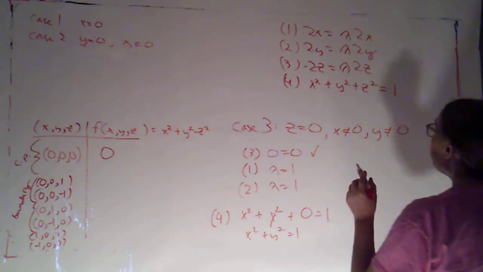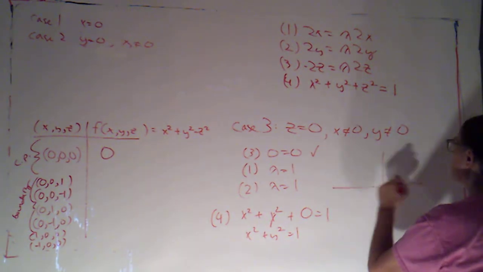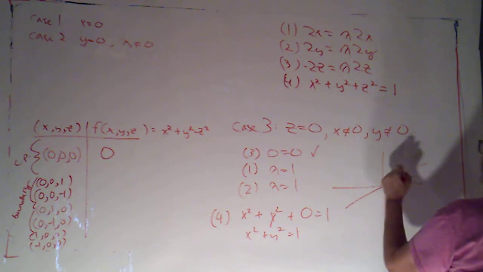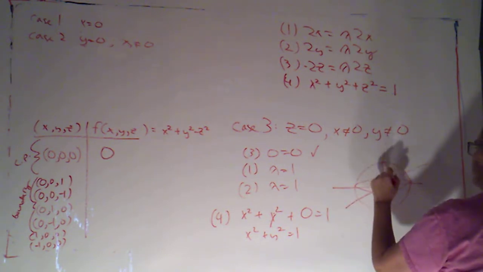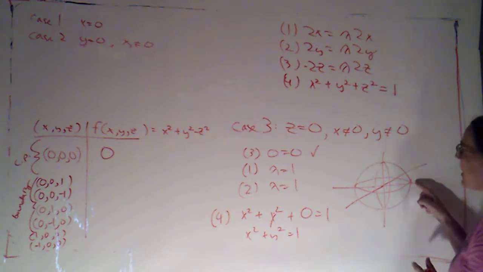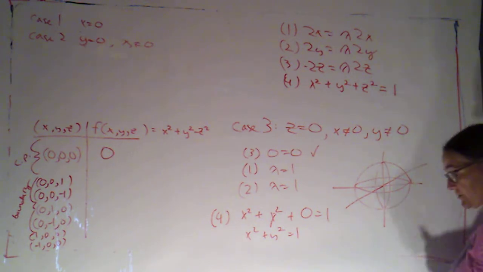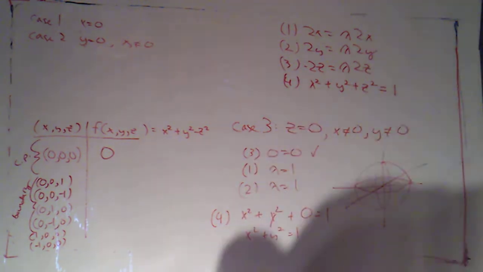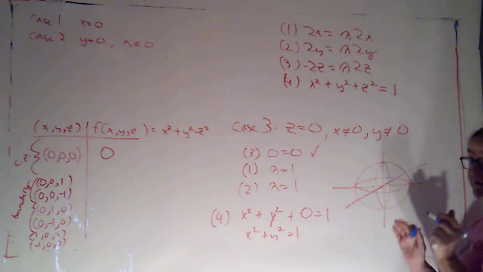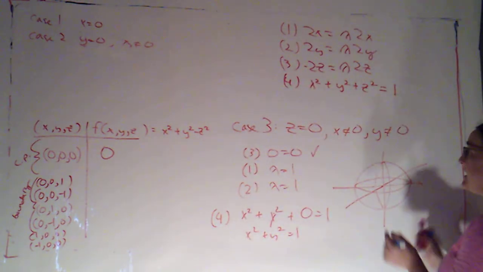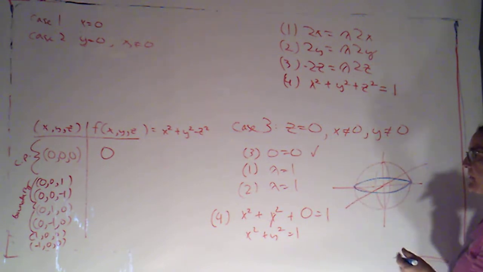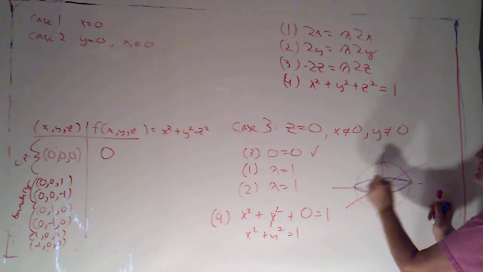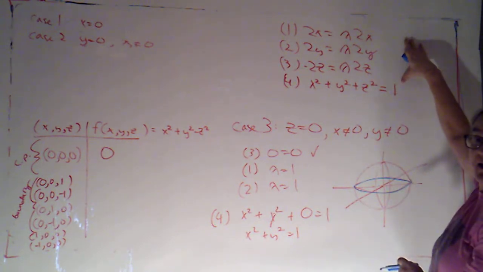If I look at the sphere, what this is saying is if z is 0, I'm looking at the intersection of this sphere, just the surface of the sphere, with that circle. Any of those points is going to satisfy this.